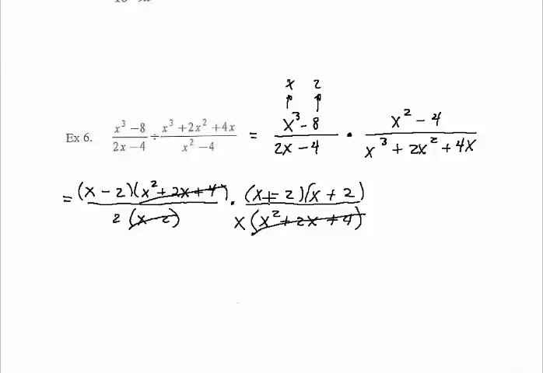Our x minus 2, we could cancel it out with that one, and we have another x minus 2 over here, but they can only cancel out in pairs, so we don't have another one in the denominator that we can use to cancel out either x minus 2 or x plus 2, so we have to keep them.